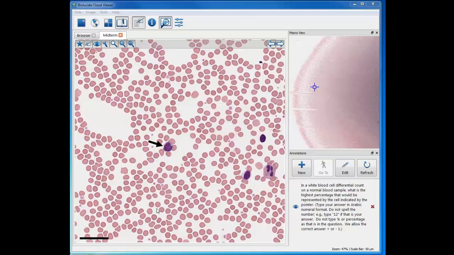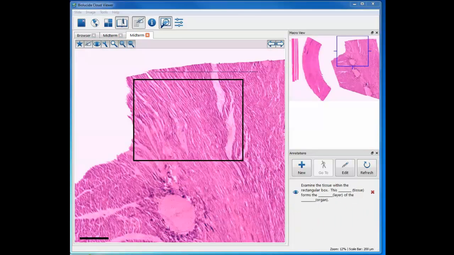And we had numbers like 1, 2, 3, 5, 7, 8, 12, 15, 24, 30, 40, 45, 97. So it's clear that the class as a whole needs to review the percentage of the leukocytes in a differential white blood cell count. Let's move on to the next question.